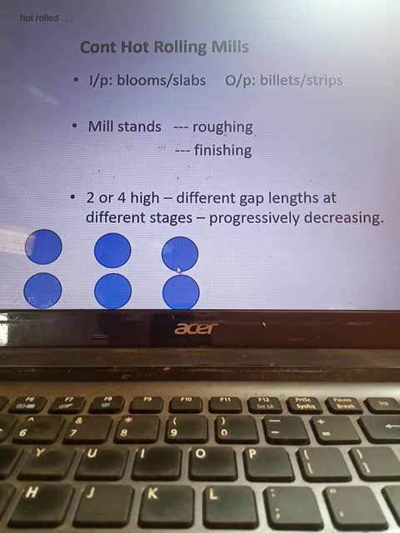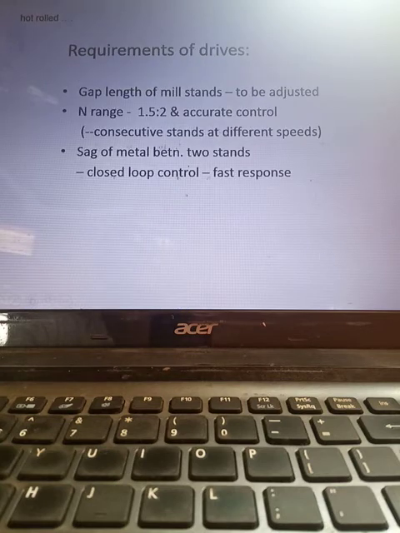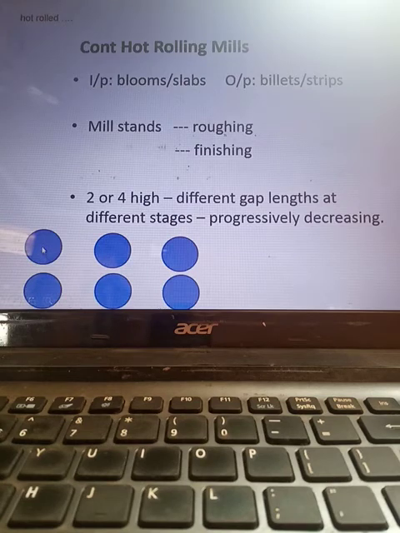So continuous hot rolling mills will give us the billets or strips using blooms or slabs as the inputs. And what drives are used here? Drives are used here for rotating these rolls.